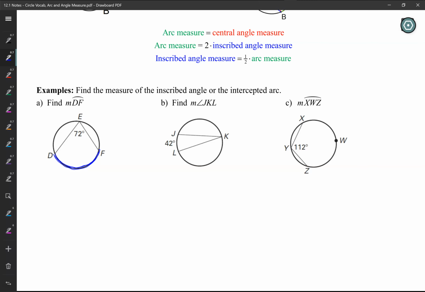So arc measure is 2 times the inscribed angle measure. Multiply by 2. The measure of arc DF is 144 degrees.